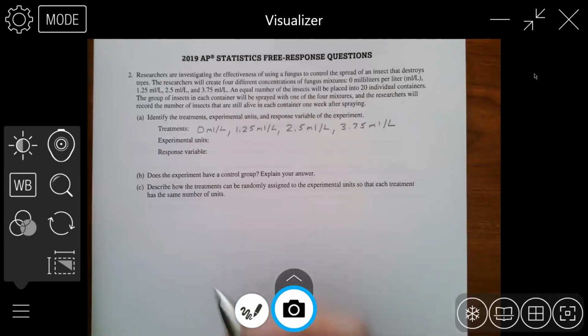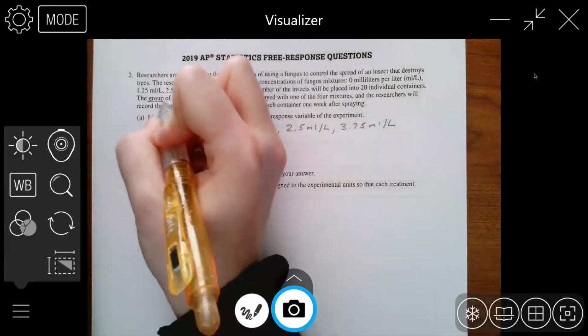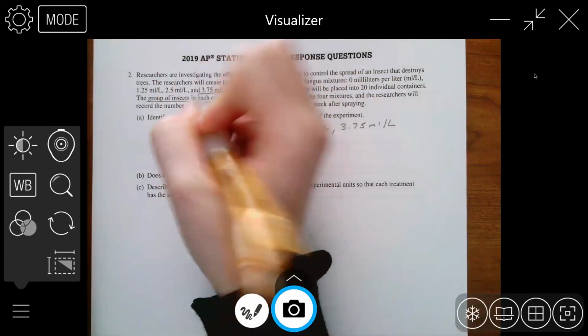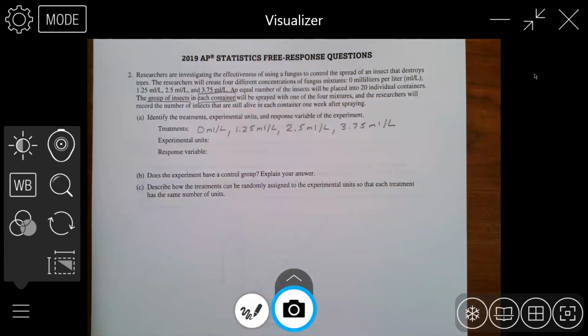Because it says right here, the group of insects in each container, because it's too tedious to spray each individual insect. So can someone slightly revise that for experimental units here?